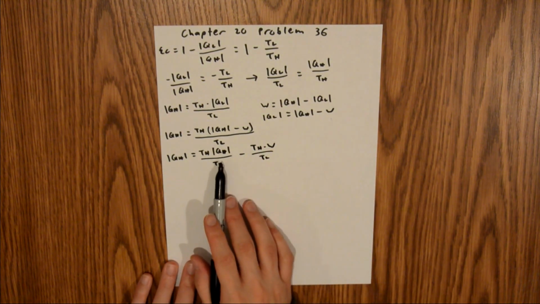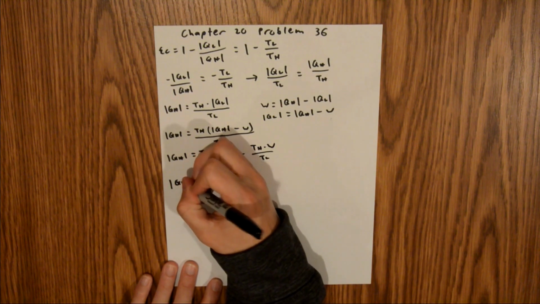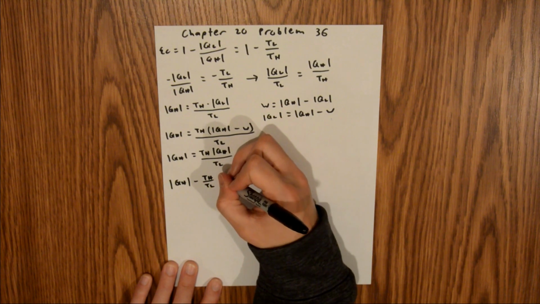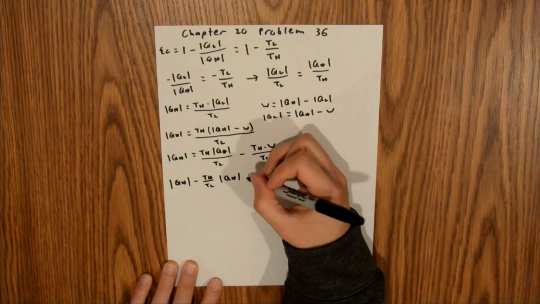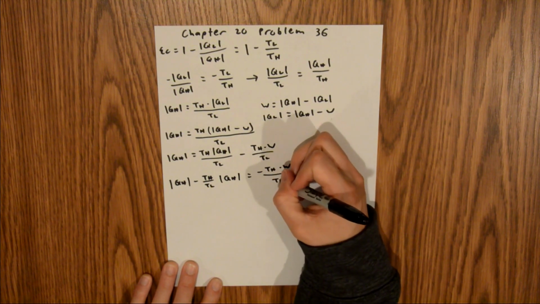And so now we can move this term over to the other side, and that's going to give us QH minus TH over TL QH is equal to negative TH times W over TL.